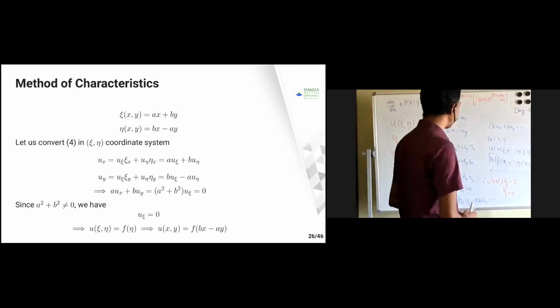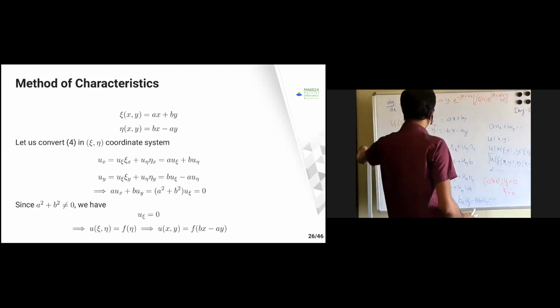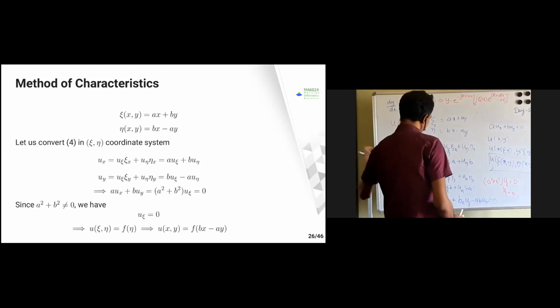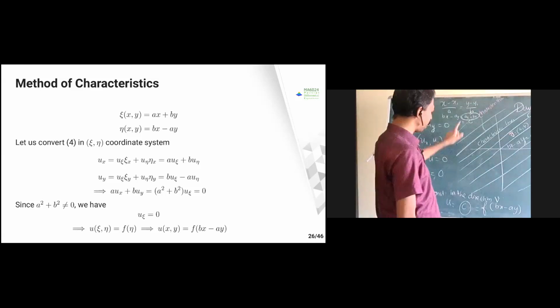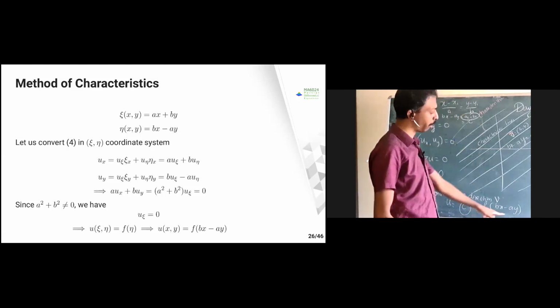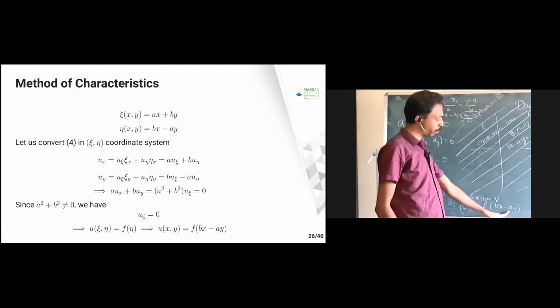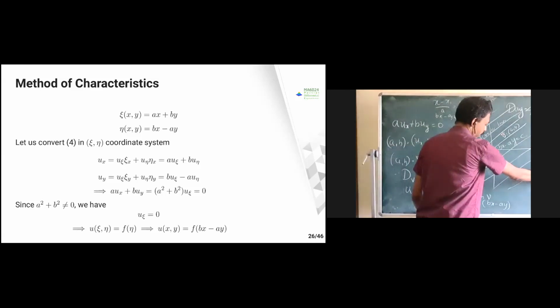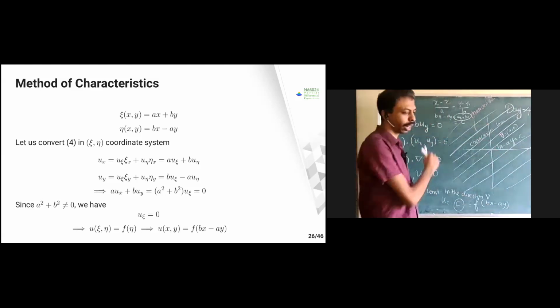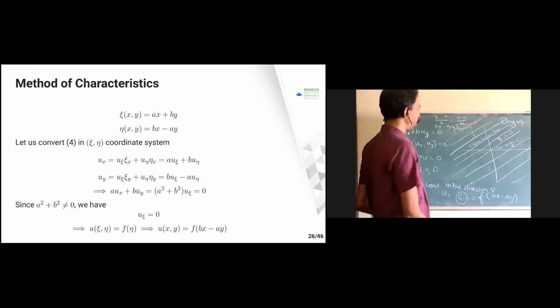In the characteristic equation also we obtained u equal to bx minus ay. Both are almost the same.